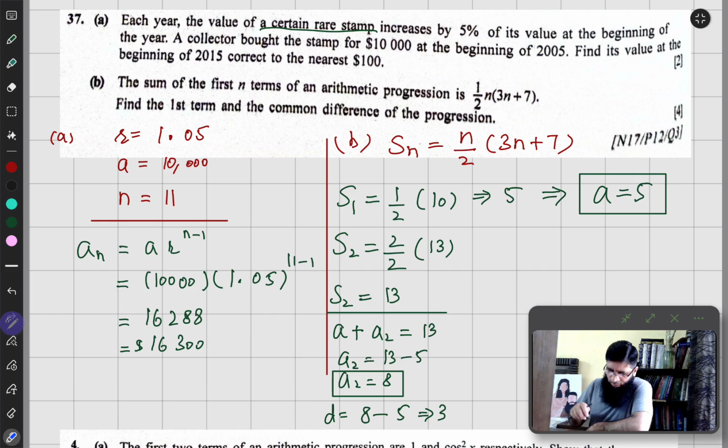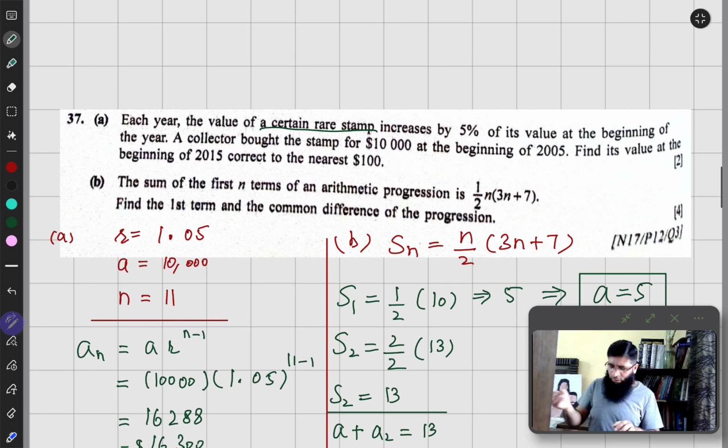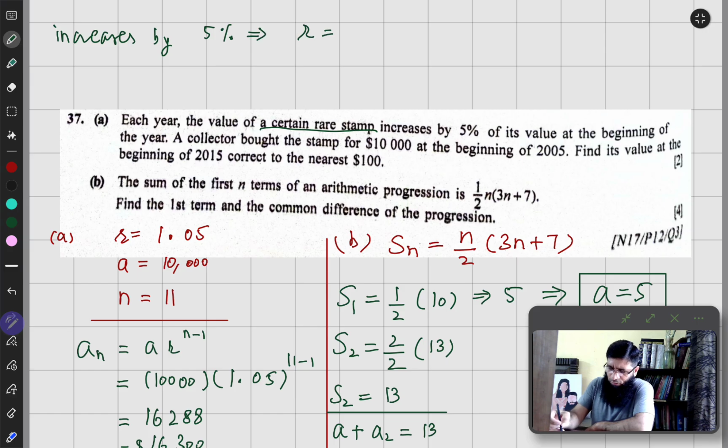Now, one thing you need to remember for a geometric progression is how to find the value of R from the percentage. If you have this statement that the value increases by 5%, it means that R will be equal to 1 plus 5 by 100, so you will have 1.05.